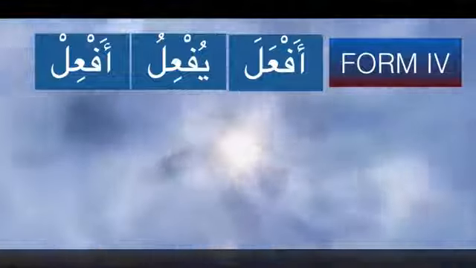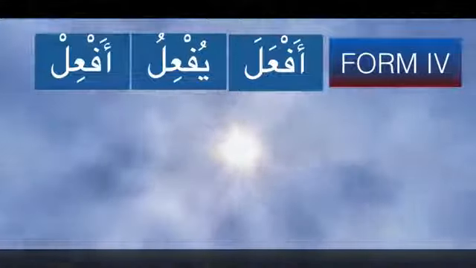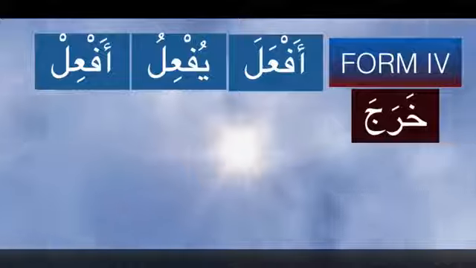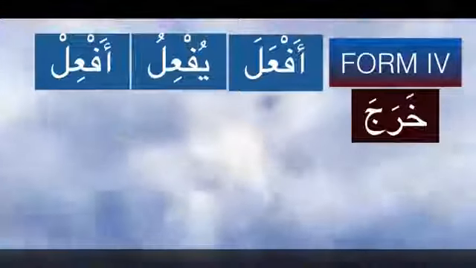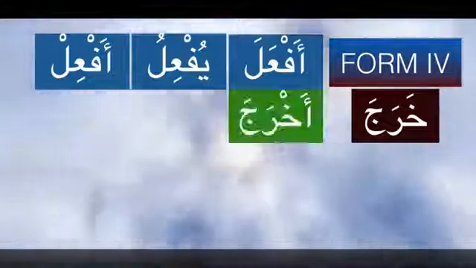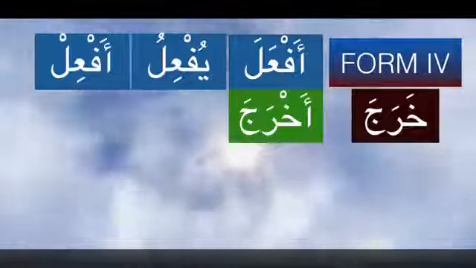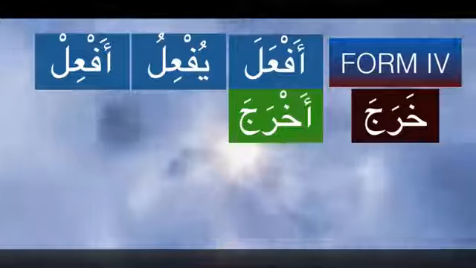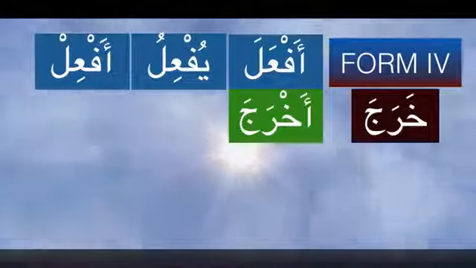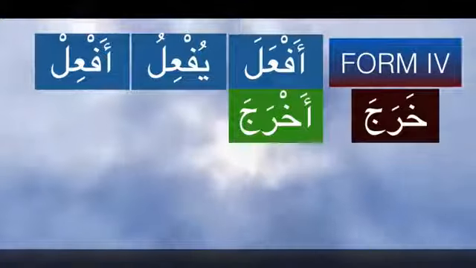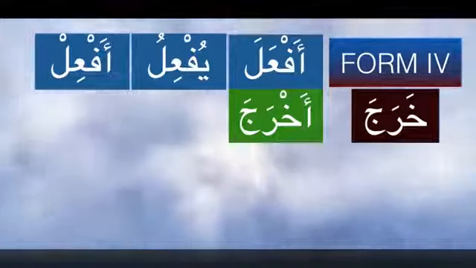We're going to do another most common verb which you find in the Quran. Kharaja is the base form, which means he went out. Akhraja is form 4. Akhraja means he took something out. He brought something out. You take something and you bring it out. So akhraja.